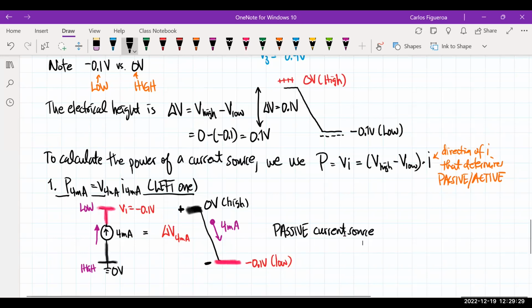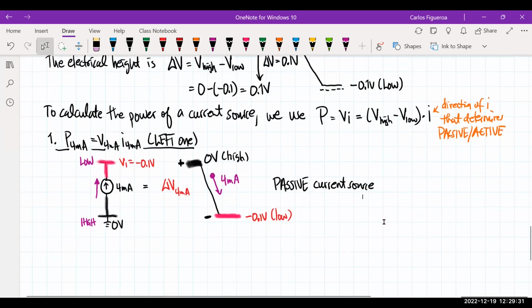And because it's passive, we say the following. The power of the 4 milliamp is going to be the voltage of the 4 milliamp times the current of the 4 milliamp. But because it's passive, we automatically put a positive sign. So that sign tells us that it's passive.